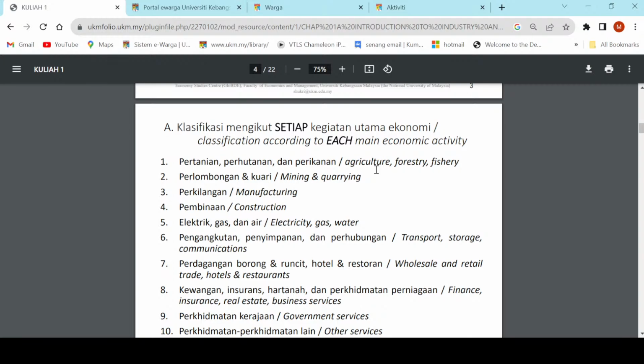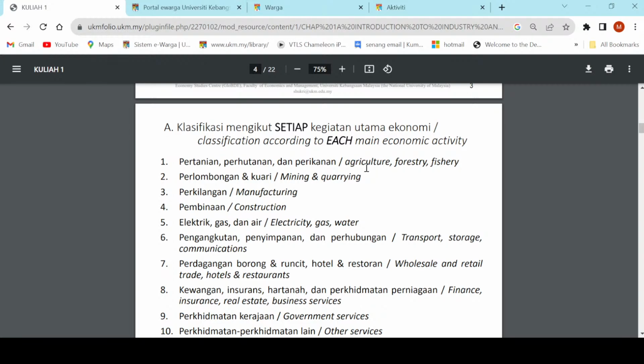So these are combined together as agriculture. And also together with that, non-related, forestry. You can eat agriculture product, but you cannot eat forestry wood. But also inside this one item, number one, fishery. Yes, we can eat fishery. So all together become one main economic activity, which is listed as number one here.